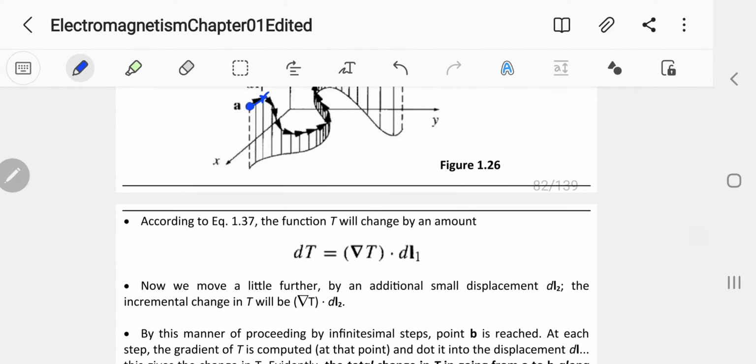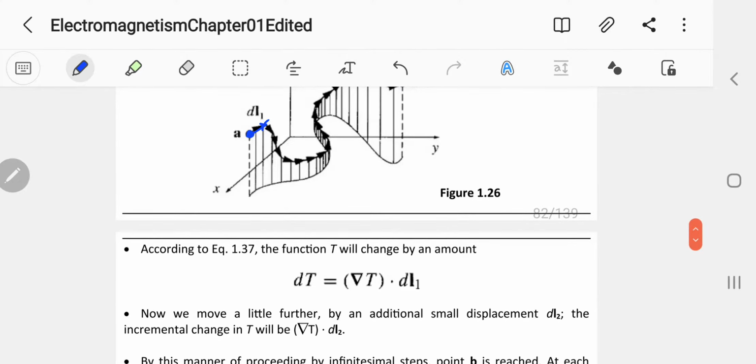So that is just the gradient of T dotted with dl, which is just equal to the total differential of T. This is by equation 1.37 as before.